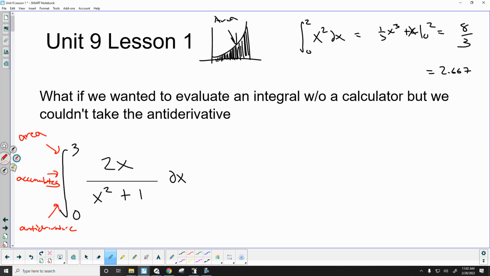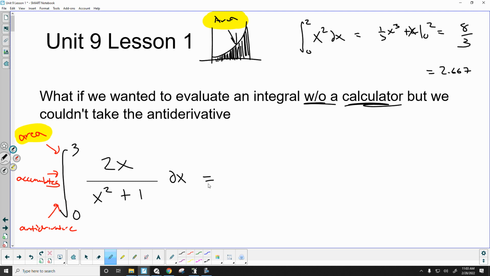Today, we are going to focus on the idea that this accumulation means area. And we are going to try to evaluate this integral, but I'm going to say you don't have a calculator. Just flip it over.